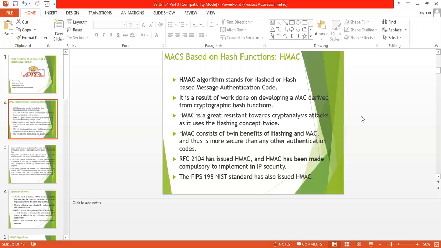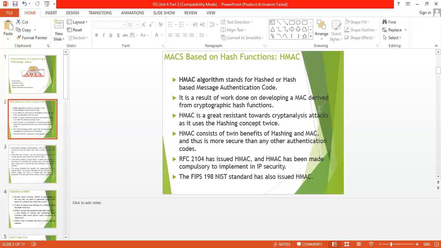Or we can say that the HMAC algorithm stands for hash based message authentication code. It is a result of work done on developing a MAC derived from a cryptographic hash function, and HMAC is highly resistant to cryptanalysis attacks, and it uses the hashing concept.